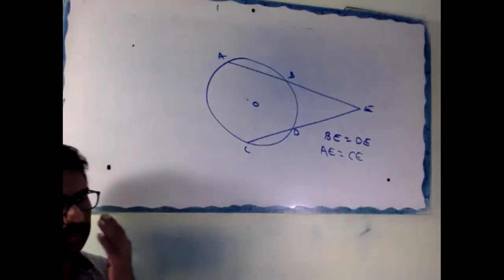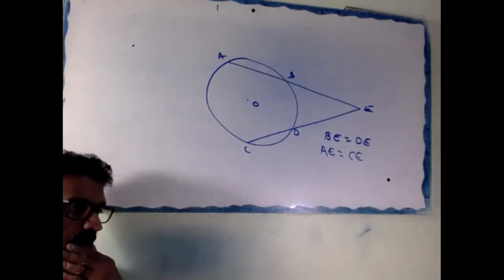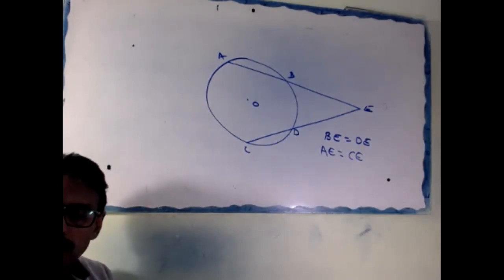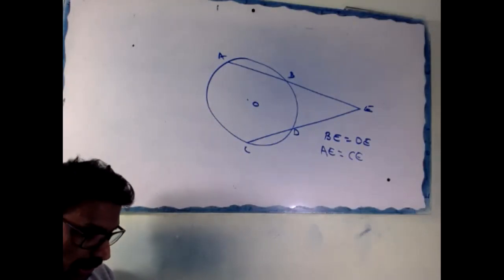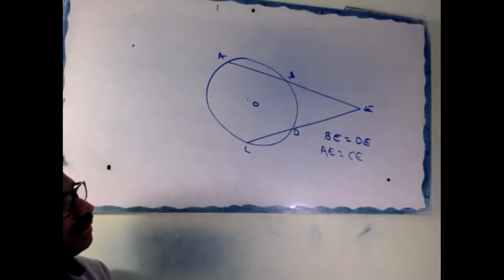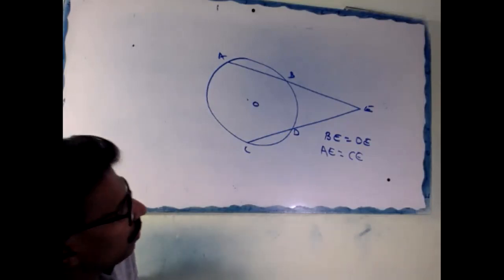Okay, try. Draw the figure. Show that BE equal to DE and AE equal to CE.